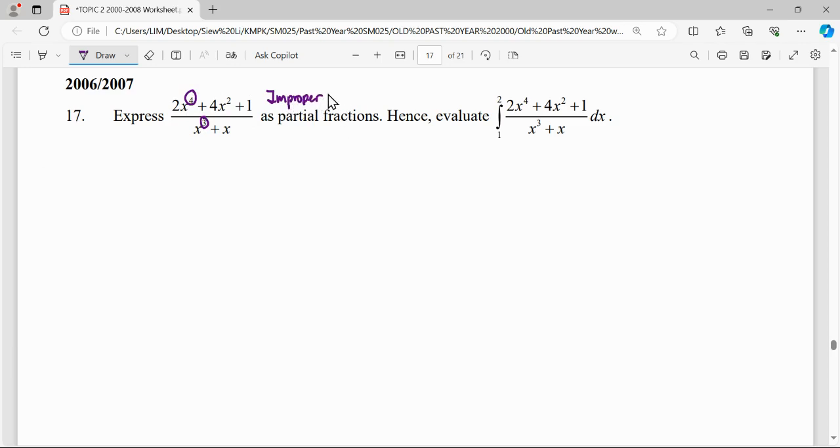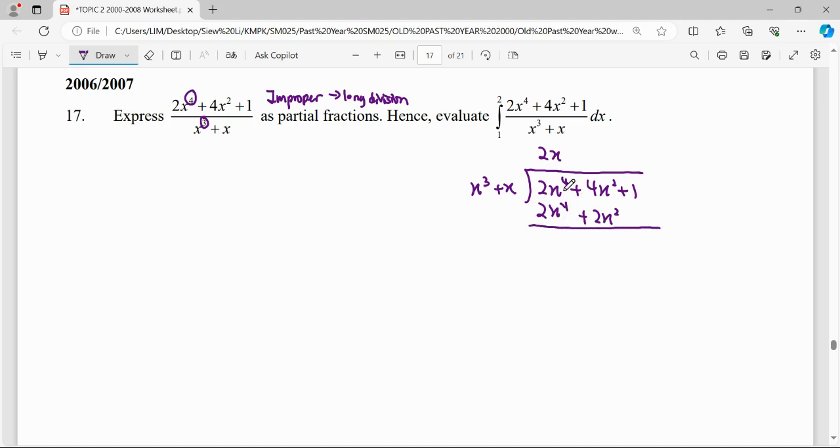Therefore, we need to do long division to take the proper part. So we need a multiplier of 2 and an x so that we can get 2x power 4, and then expand for this, 2x squared.